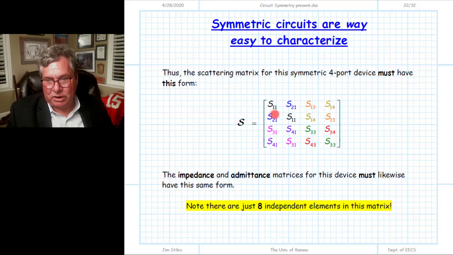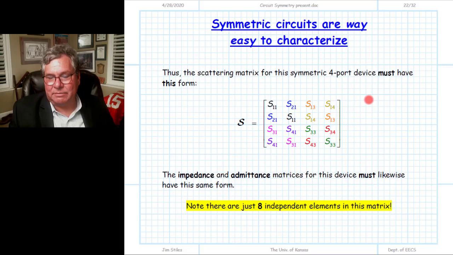There are 1, 2, 3, 4, 5, 6 different independent scattering values of the 16, and I've tried to color code them so you can see them. There are 8 pairs of 2 that form these 16 elements of the scattering matrix.